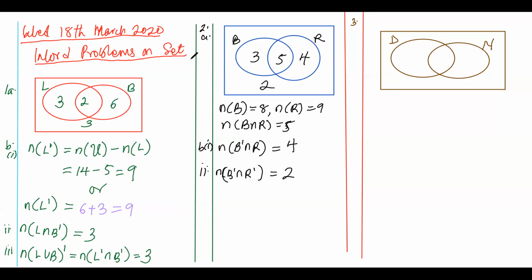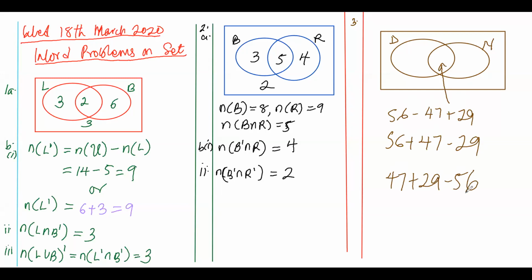It said 56 minus 47 plus 29 to get this intersect. I'm saying, do we all agree with that? I meant the other way around. Like 56 plus 47 minus 29? No, 47 plus 29 minus 56. Do we all agree with that?